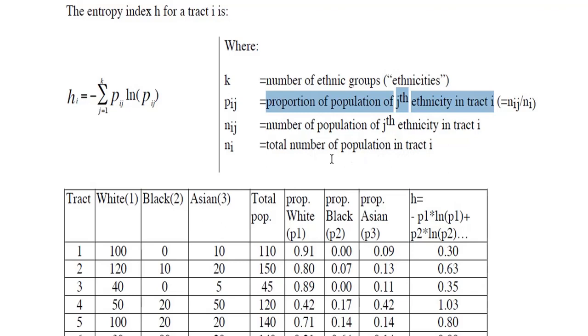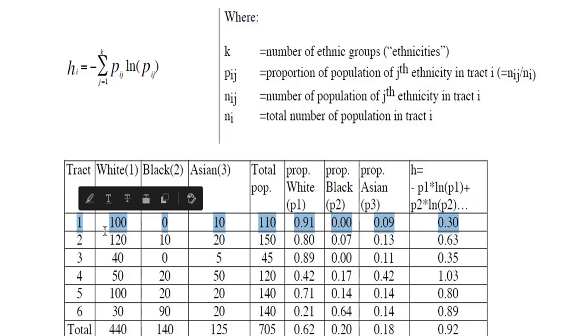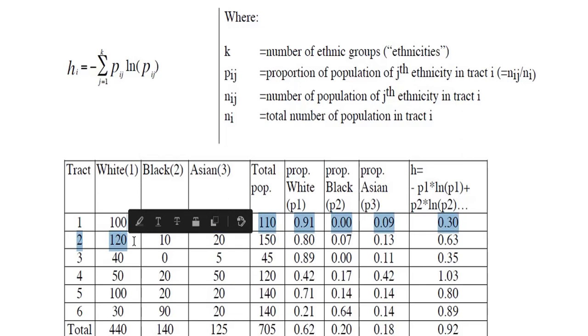Let's look at the application with an example. This is the number of population of the jth ethnicity in tract i. Let's say tract 2, where the white population is 120.